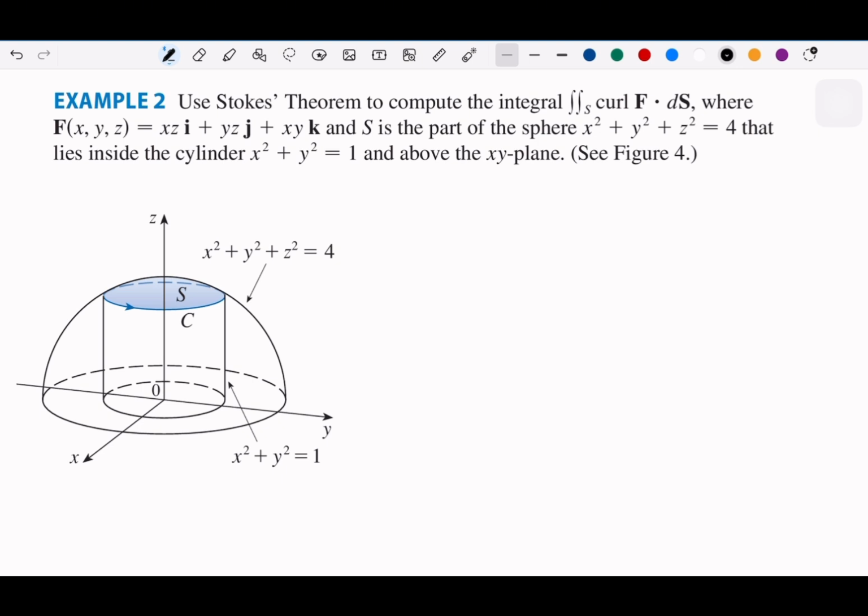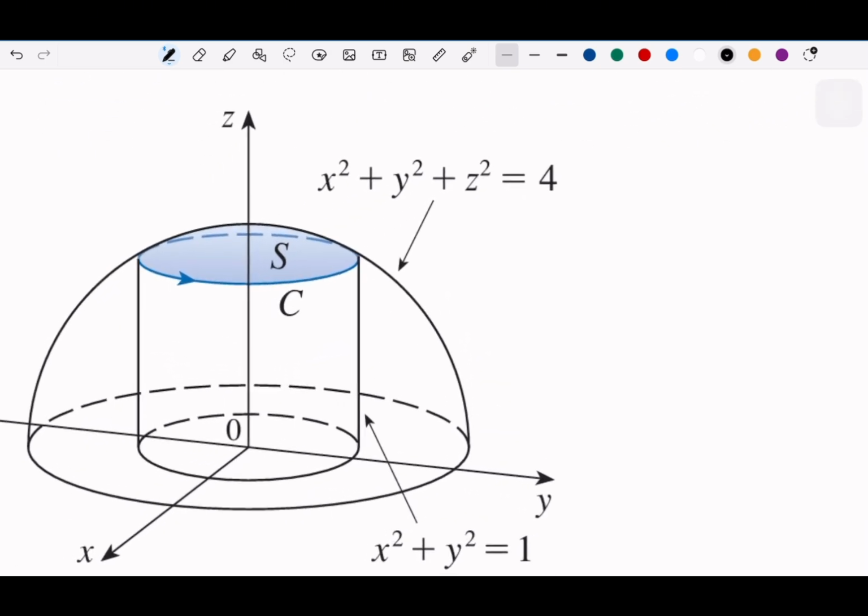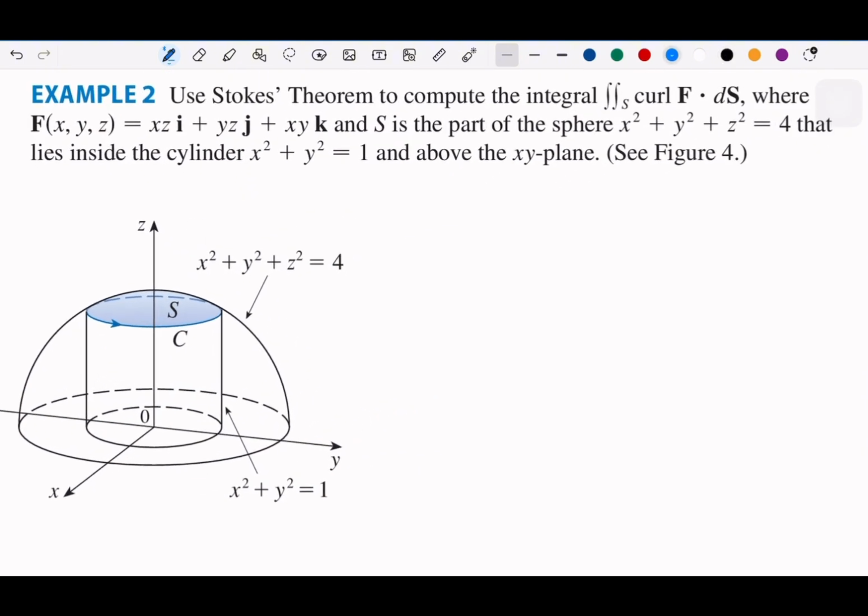And then S is actually the part of the sphere that is inside the cylinder. So this blue one, the blue color, is what we are going to focus on, the small s.